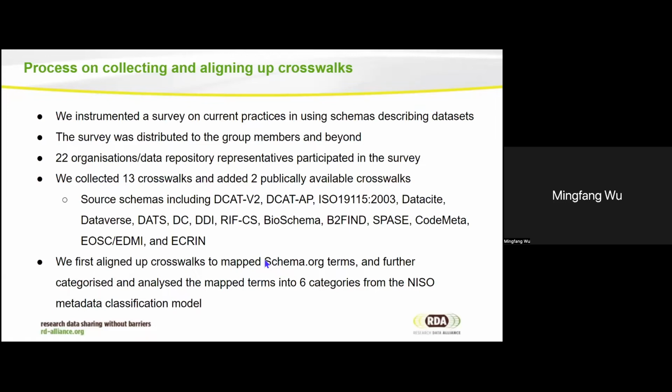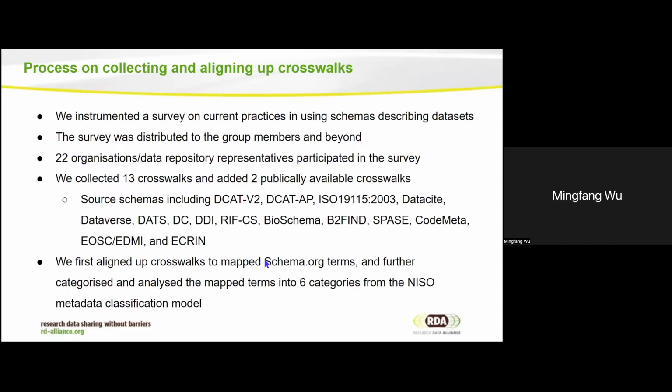So those crosswalks were done not by us, but by communities. These crosswalks include DCAT version 2 and DCAT application profile, ISO 19115, DataCite, Dataverse, etc. You can see their schemas range from discipline-specific to general schemas. And we have 15 of them mapping from these schemas to schema.org.